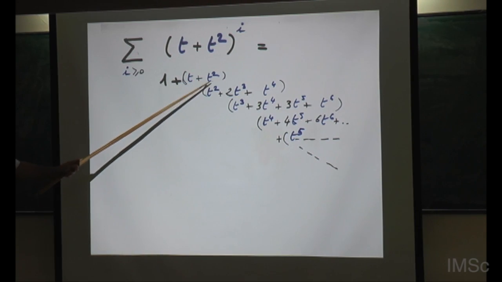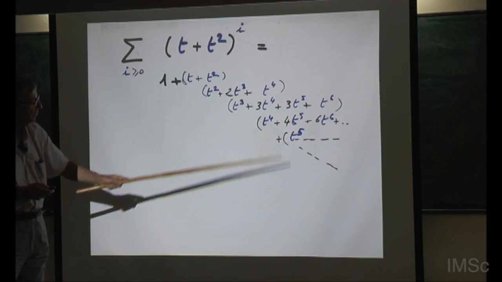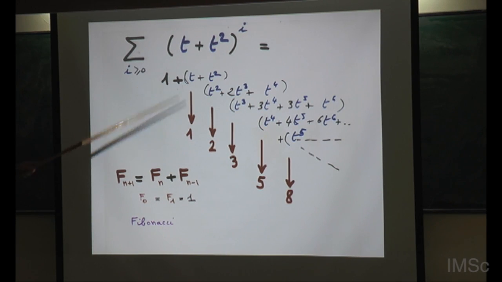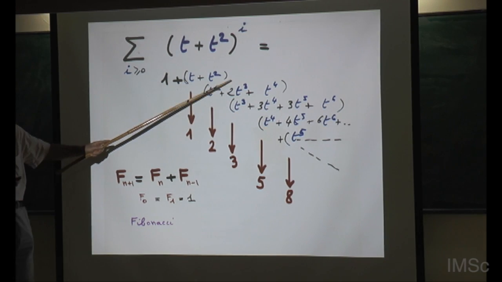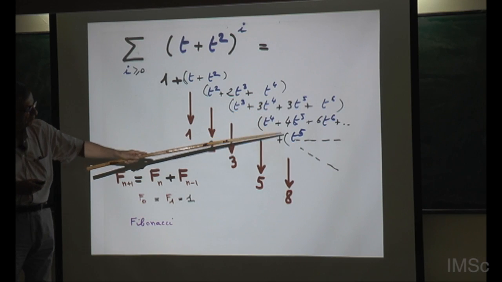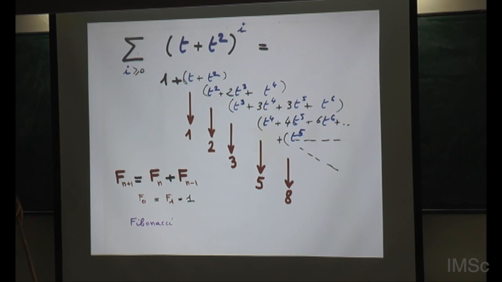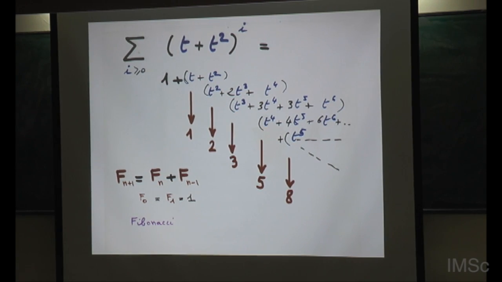So this is the term in t^2, t^3, t^4, t^5, and if you sum in each column, you get 1, 2, 3, 5, 8. You get the Fibonacci numbers. As an exercise, check that using this expansion with binomial coefficients, you get exactly the Fibonacci numbers.